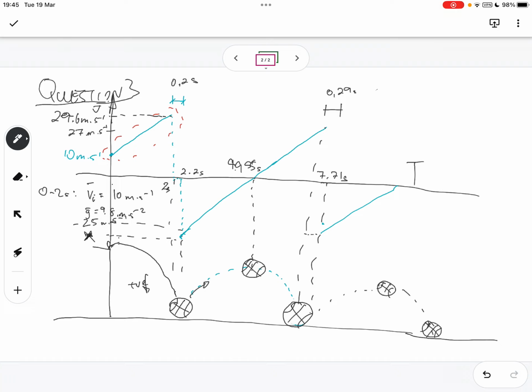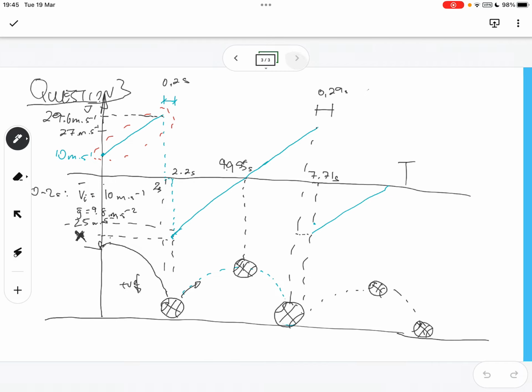The velocity here at x should be less than 29.6, but it should be more than 25 meters per second.